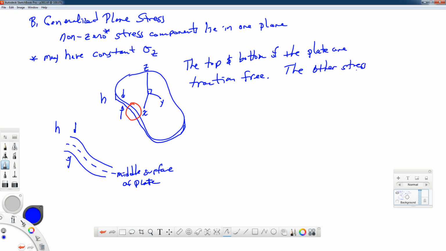And we'll just note that the other stresses are distributed symmetrically about the middle surface of that plate.